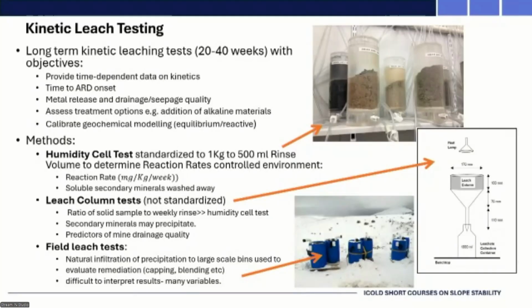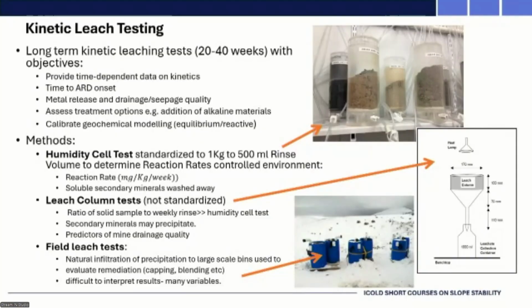It'll give you the time to when your acid rock drainage generation could be onset. This one is a better predictor of what your drainage quality is actually going to be. And the longer you run the test, the more reliable it is in terms of what you might get long-term. The kinetic testing results are usually used to calibrate the geochemical models.